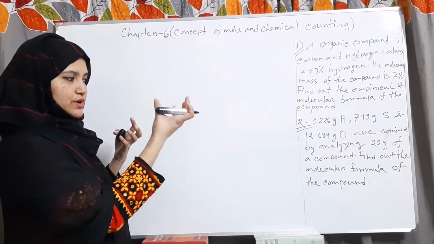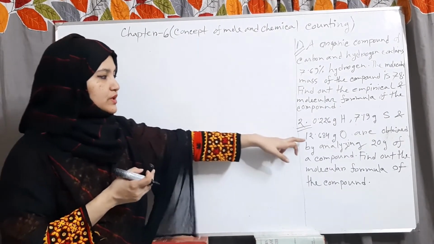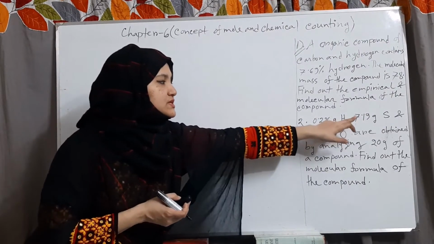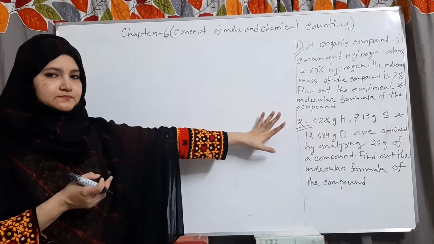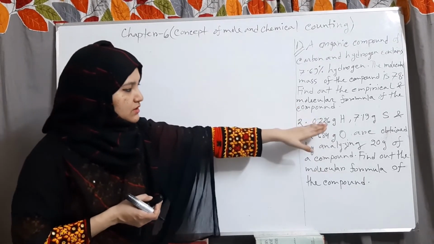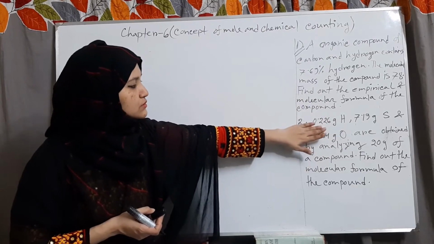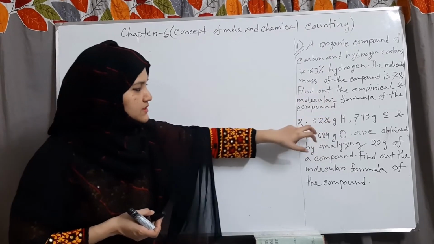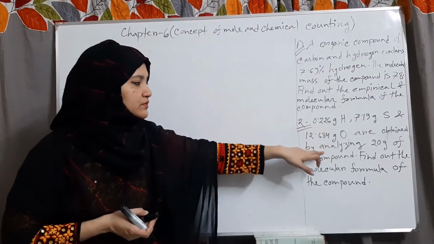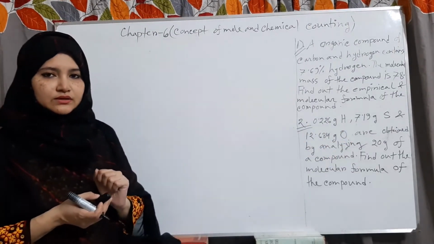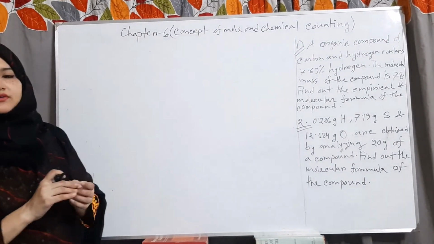We take 20 gram of a compound, and after analyzing we get this amount of hydrogen, this amount of sulfur and 12.684 gram oxygen. Students, carefully look at these numbers. If we add these three numbers, we get 20 gram. So now find the molecular formula of that compound.